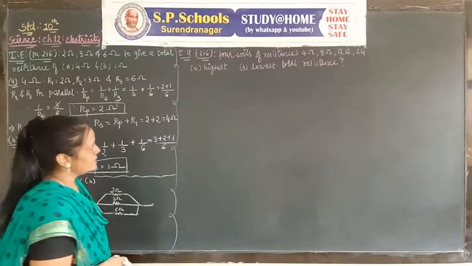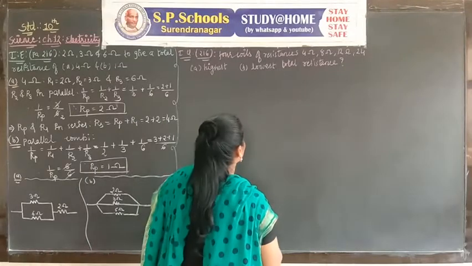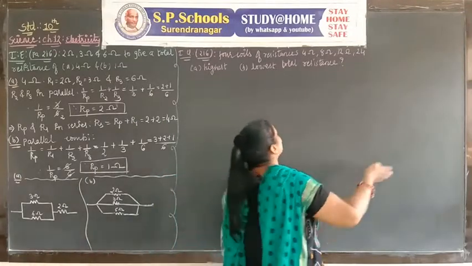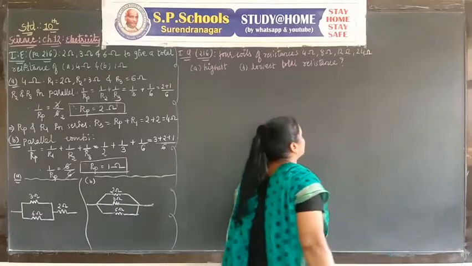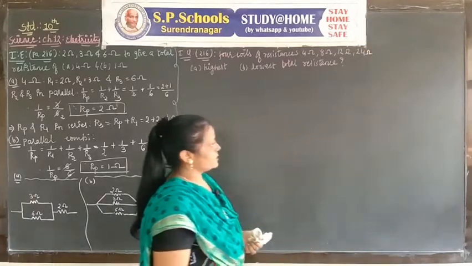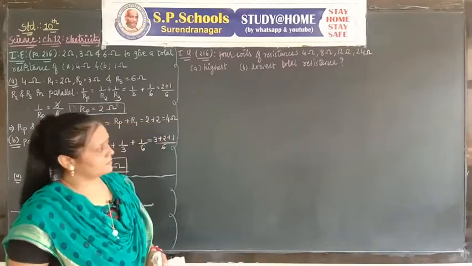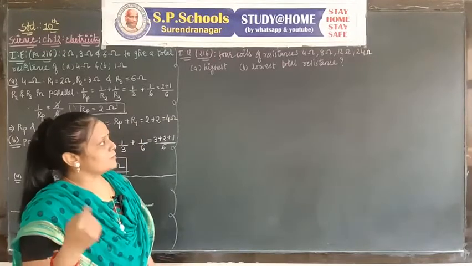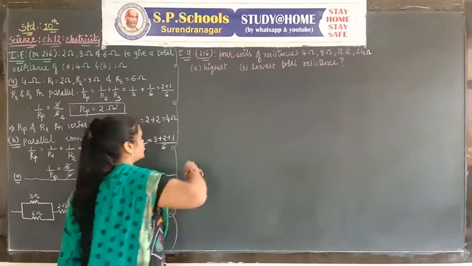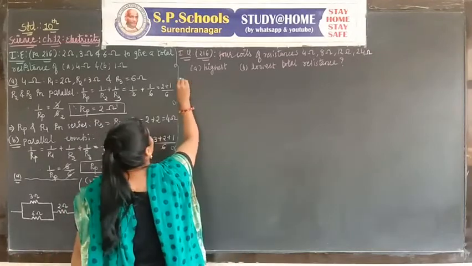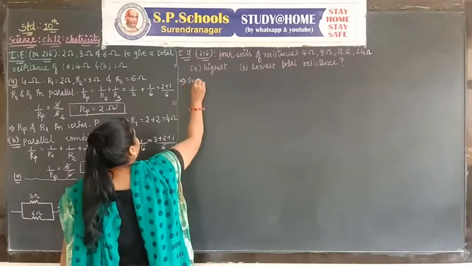Let's write it. 4 coils of resistances. If they are not given in the information as R1, R2, R3, we take them so.